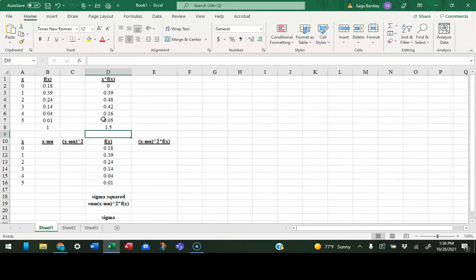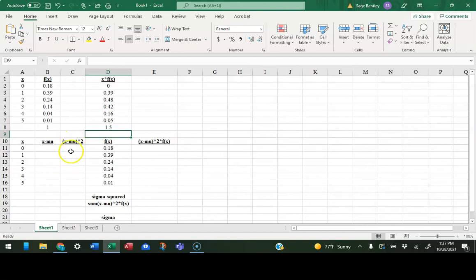So what I'm going to do at this point is recognize I just found mu, which is my Greek letter for the average. So come down here, and this is how we're going to figure out the variability, or the variance. I still have my x column. I have another column that says x minus mu. I already know that mu is 1.5.